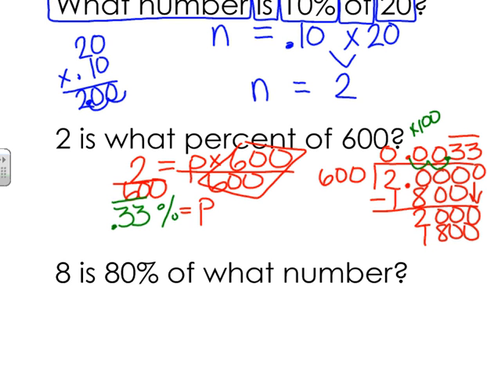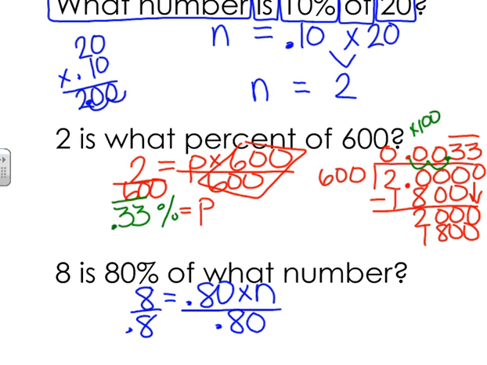All right, final one that you tried on your own. 8 is 80% of what number? So you're going to divide by 80 hundredths, or 8 tenths on each side. And if you need to, you can set up 8 divided by 0.80.